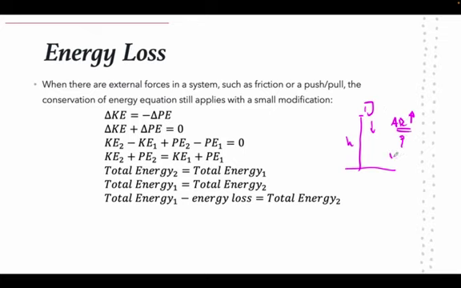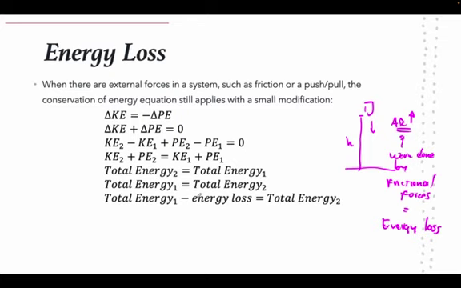And this work, the work done by frictional forces, is what we call the energy loss. So the system would still conserve its energy if we consider those losses as part of the equation.